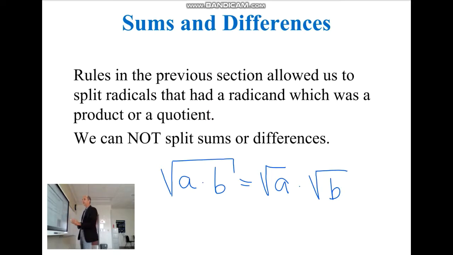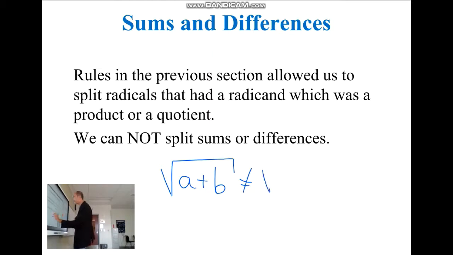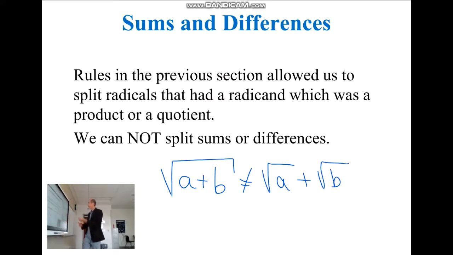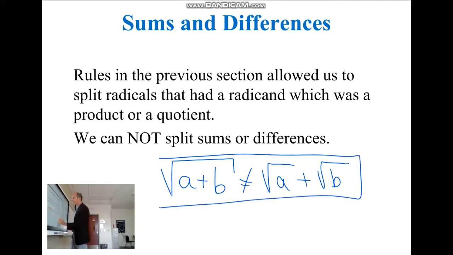This you are allowed to do, but now we are talking about addition. If we are adding, the square root of a plus b is not equal to square root of a plus square root of b. So this is something that you cannot do. And the same thing with subtraction, you cannot do this. So don't think about it.